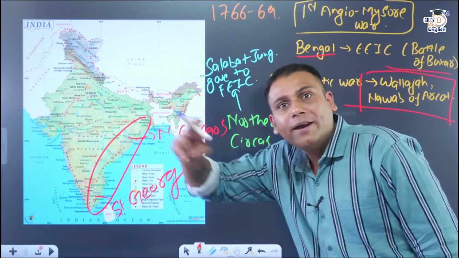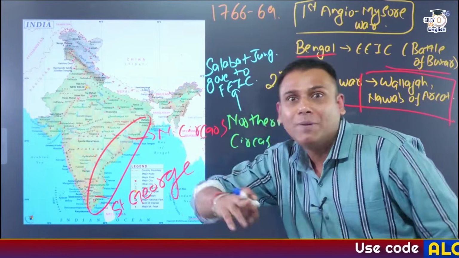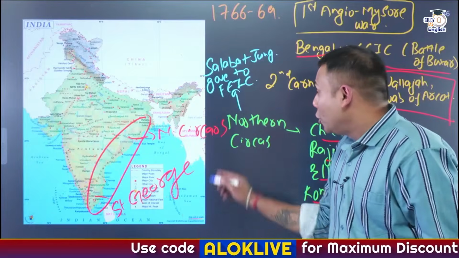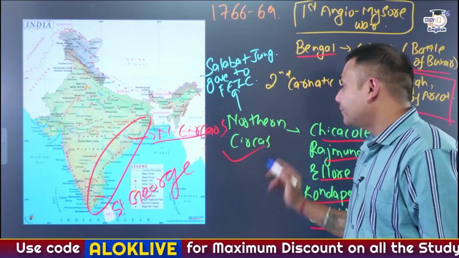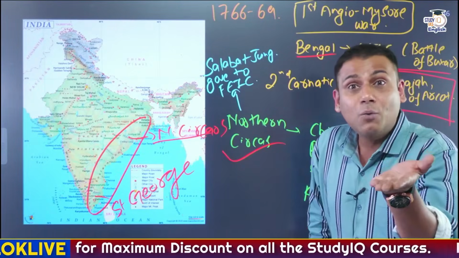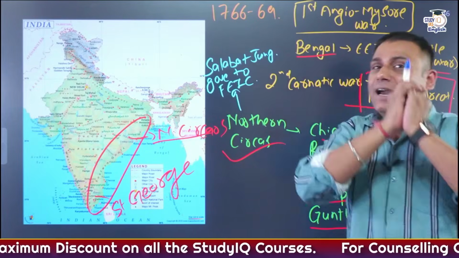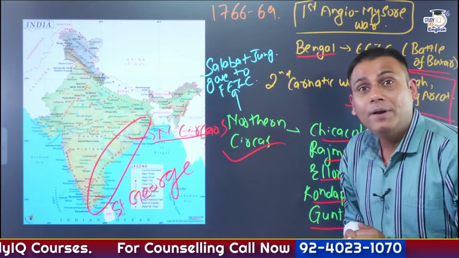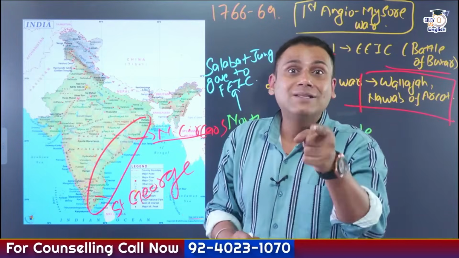They wanted to connect all their territories from Bengal to Madras. But the major problem was Northern Sarkars. And Northern Sarkars was under whom? The French East India Company. Who had given Northern Sarkars to the French East India Company? Salabat Jung, who was the Nizam of Hyderabad.